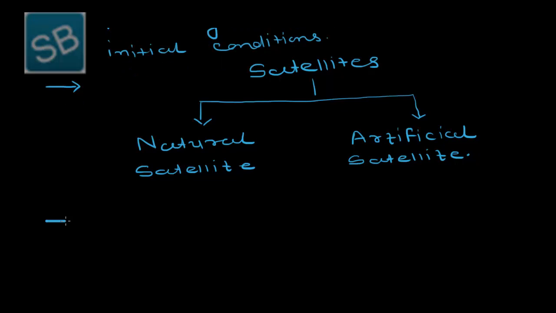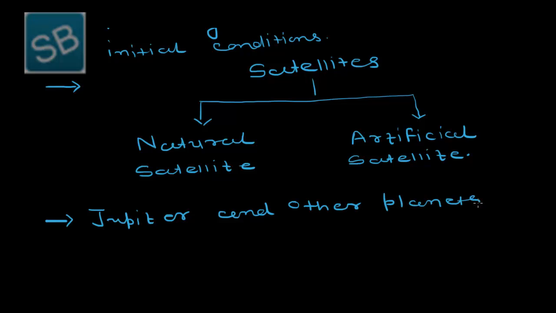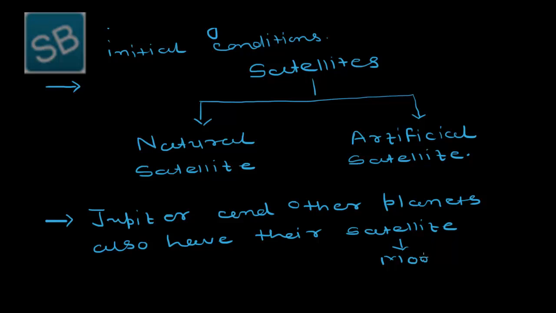Now, as we have discussed, the moon is the satellite of our earth, but Jupiter and other planets also have their satellite, and this satellite is same as moon.